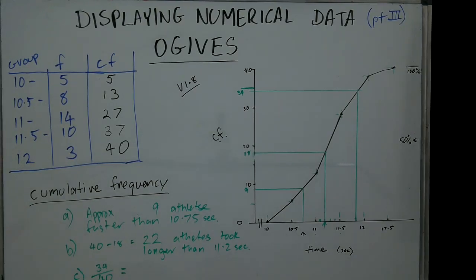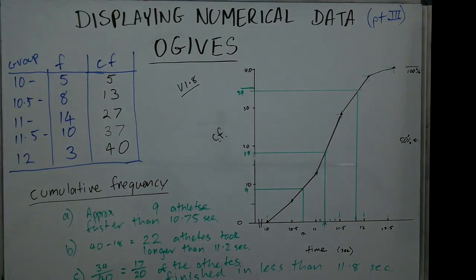Equals 17/20ths of the athletes finished in less than 11.8 seconds. So I'm reading a number off the graph and then I'm relating it back to the actual data to answer the question.